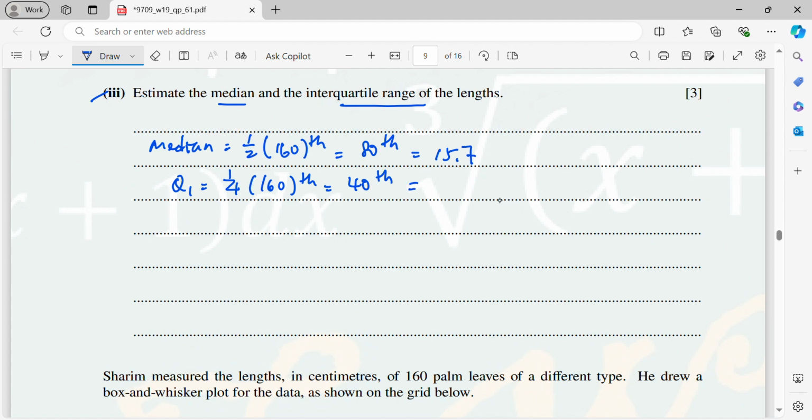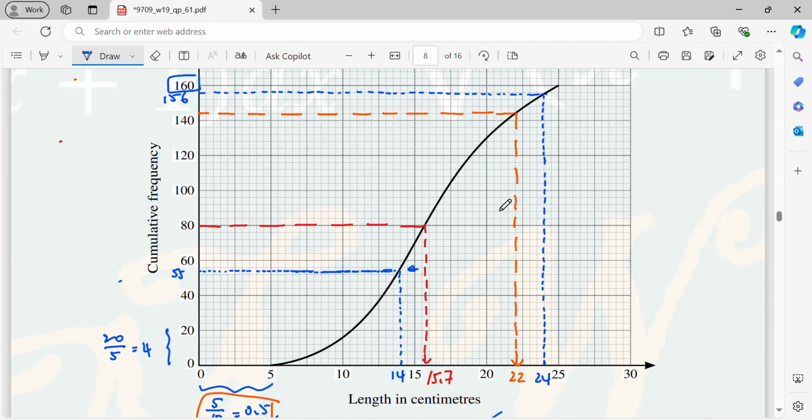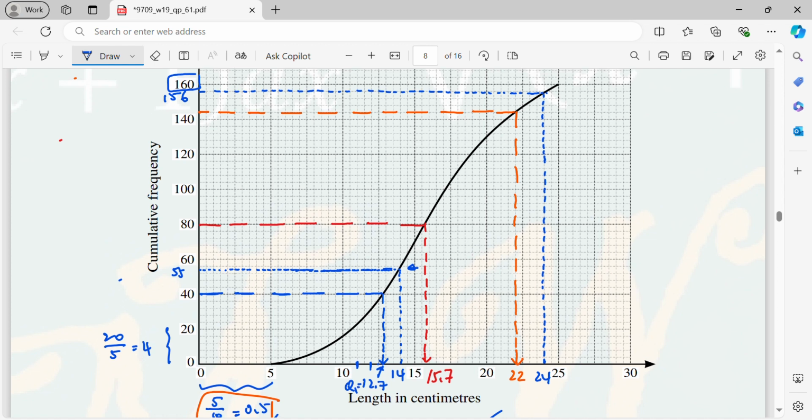Now, the 40th, refer to the graph. 40th is here. Okay, again, it is in between. So that means that is 10, 11, 12, maybe 12.5 is here. Then in the middle, then you can say 12.7. So this is 12.7, Q1.